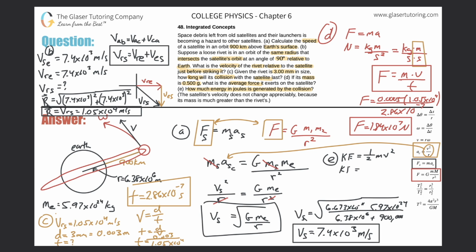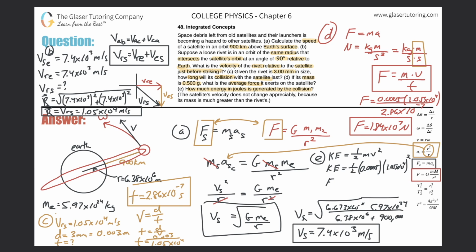So 1/2 times the mass of the object that's moving, and we already found that to be 0.0005. I'm getting a little crowded here. Let me move this over a little bit. And then multiply that by the velocity. Remember, the important velocity is the relative velocity between the rivet and the satellite. So 1.05 times 10 to the 4th, squared.